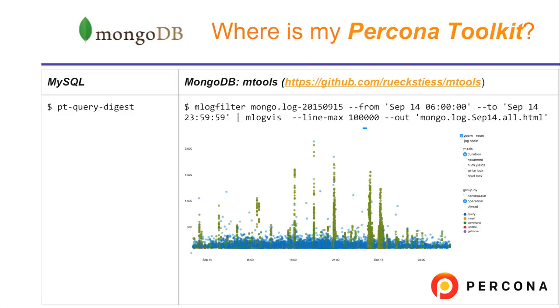It will generate the HTML file based on the JavaScript library interactive. This is actually an interactive HTML page offline. When you've done that, you can basically click here and sort by the nscanned or namespace or filter out some of those operations.